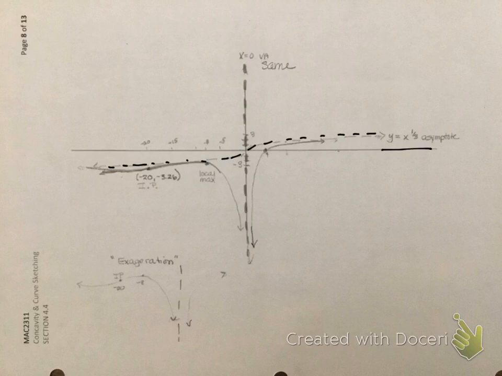I then plot, well, let me draw in my vertical asymptote next. Now let's plot some points. I have an inflection point, a local max. I have an x-intercept, and that's really it.